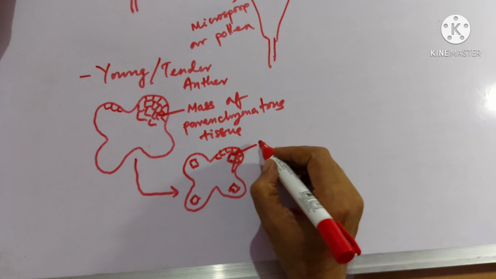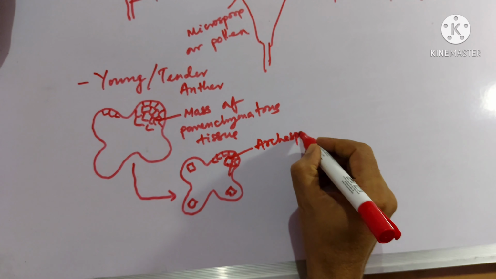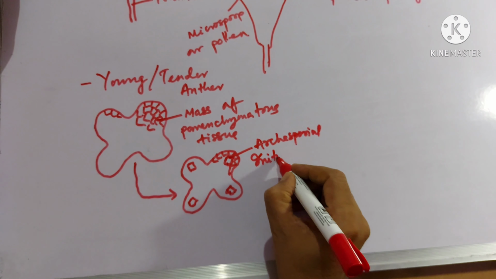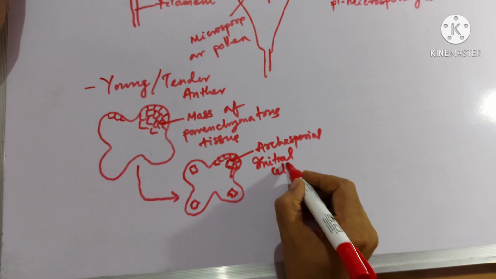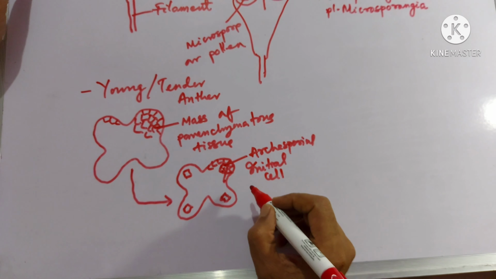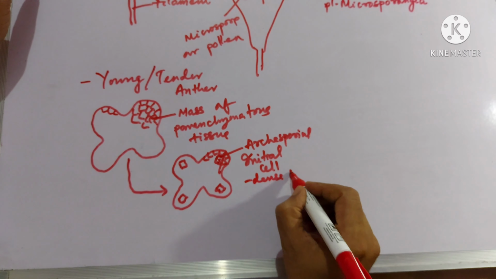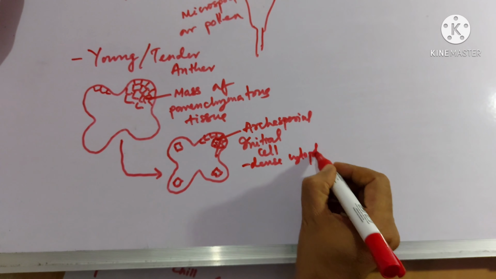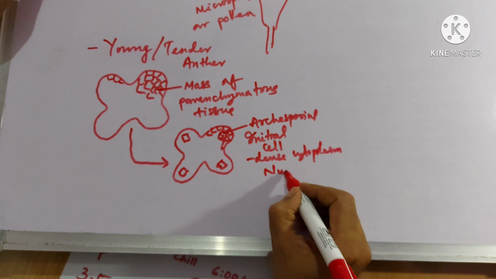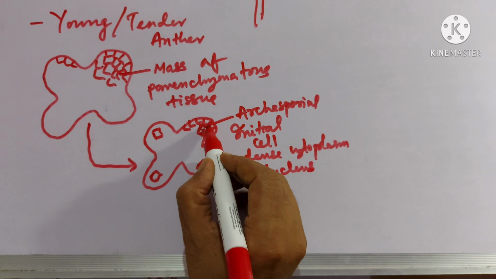That is called the archaeosporial initial cell, and it is identified by the dense cytoplasm as well as nucleus, which is differentiated from other cells.